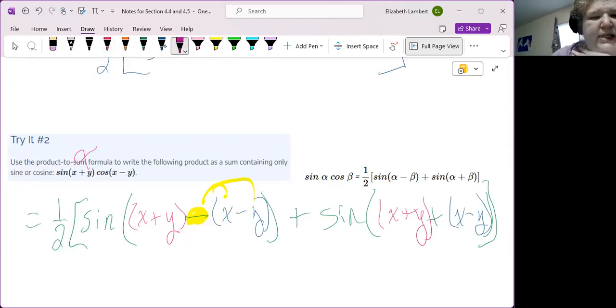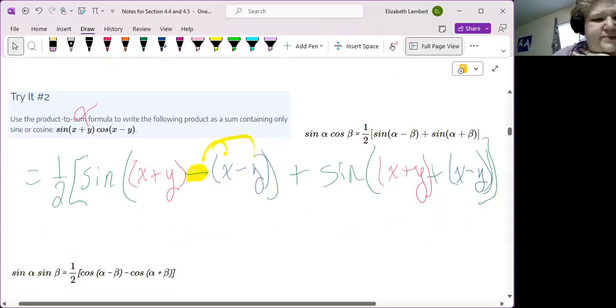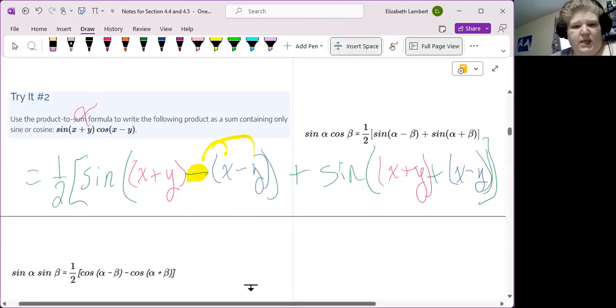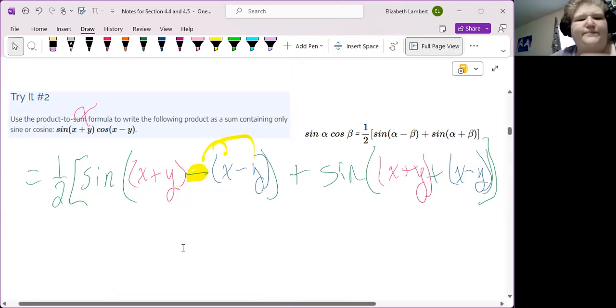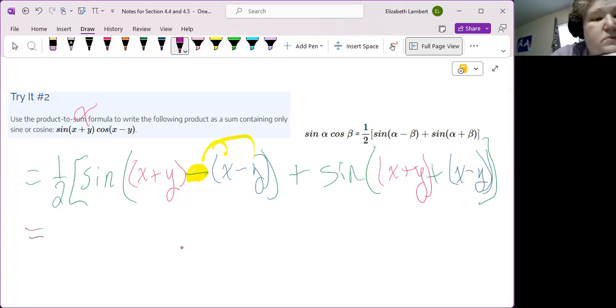All right, so let's go ahead and clean up some of this mess. And give ourselves a little more space. So still have the 1/2, still have the sine.